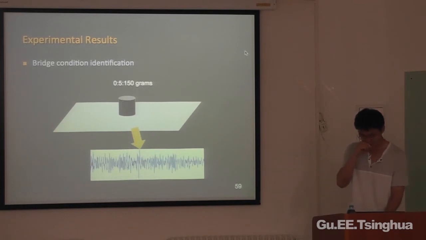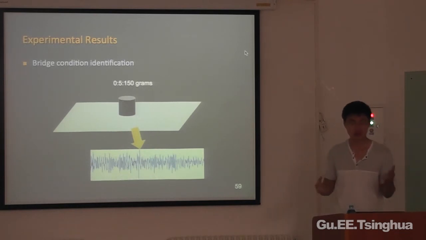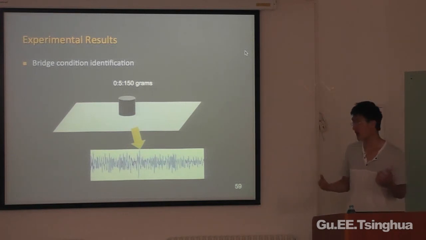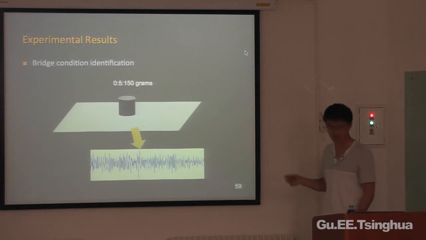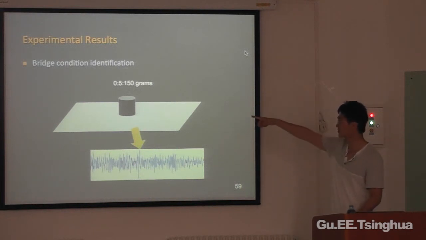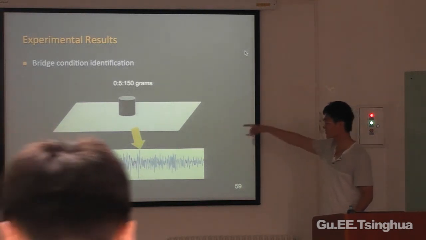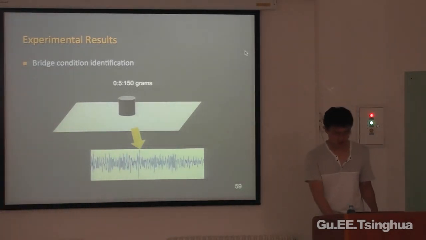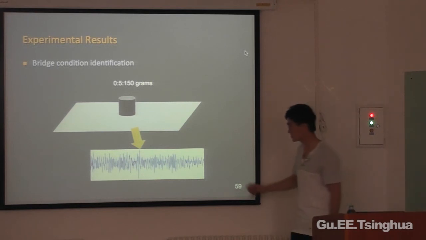So in the lab, we build a lab-scale bridge, and we mimic the cracks. We put some weights, and for each structure we analyze the signal and try to predict. So this is our input.